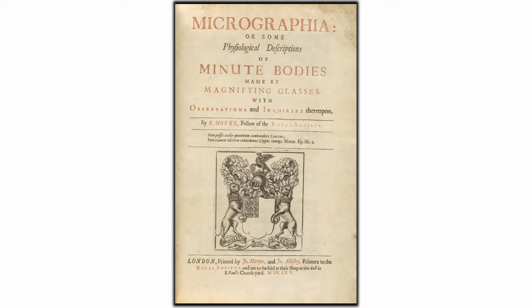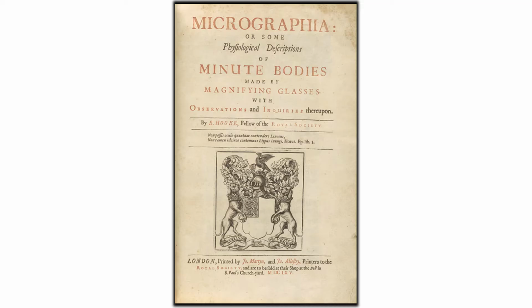And Robert Hooke's Micrographia, or Some Physiological Descriptions of Minute Bodies Made by Magnifying Glasses with Observations and Inquiries Thereupon, published in 1665, was a crucial text, and it was one of the first texts to draw and describe items seen through a microscope.